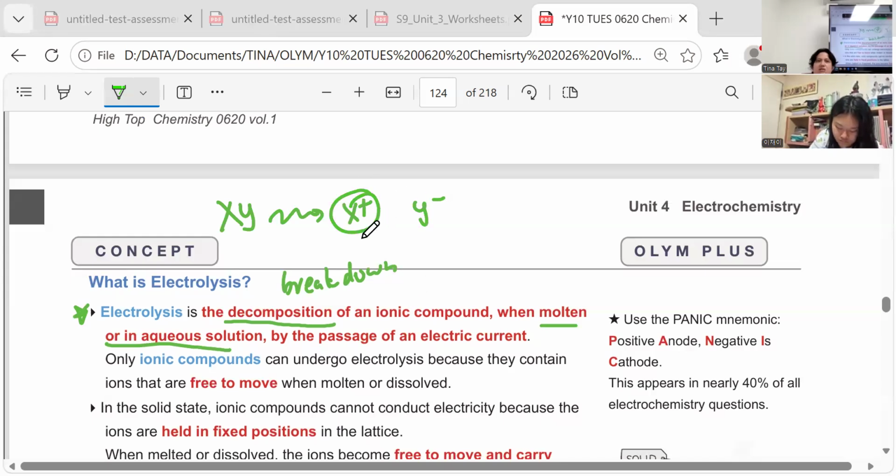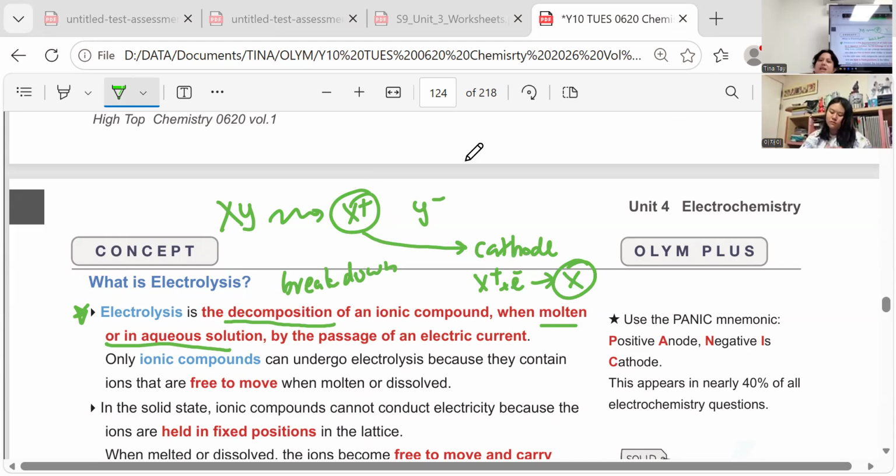The positive cation goes to the cathode and receives electrons to change back to metal element. The negative anion will go to the anode, and it will release electrons and change back to element also.